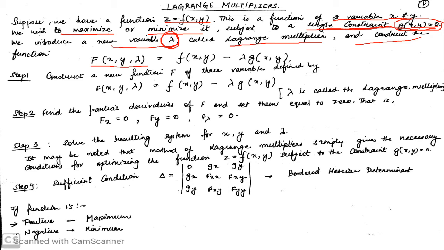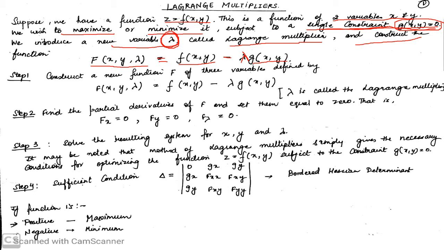This is equal to the original function in terms of x and y, minus lambda times the constraint function.